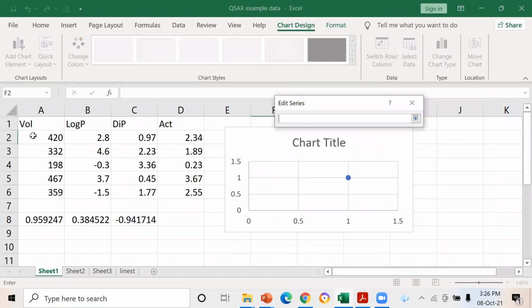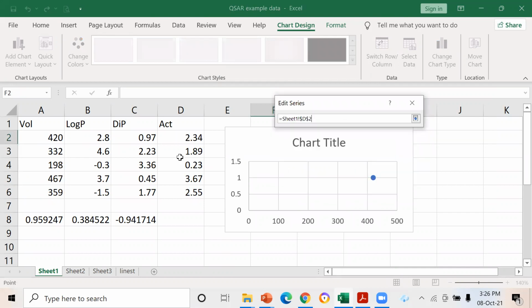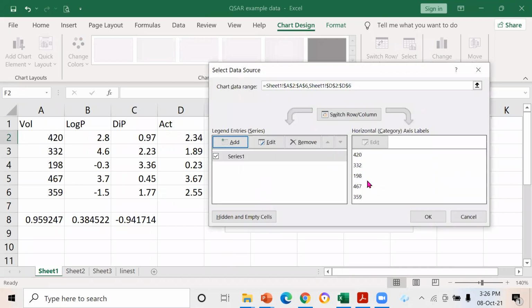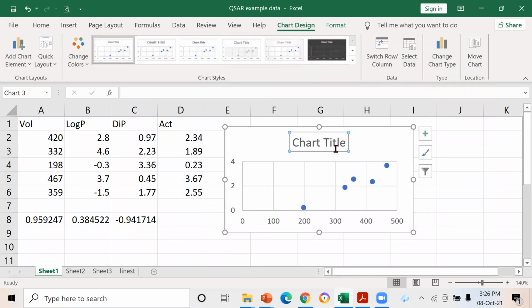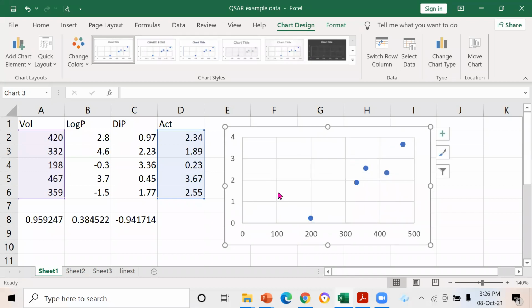So my x, that is the independent variable, is volume. Y, my dependent variable, is activity. I hope you all know how to draw graphs with Excel. So you see, x-axis is volume, y-axis is activity. As the volume increases, activity increases. So it looks like a nice graph.